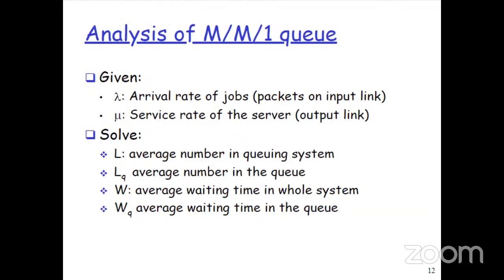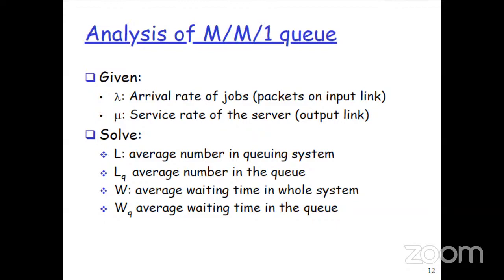So analysis, if you go to the M/M/1 queue system, given lambda, which is the arrival rate of jobs, packets on the input link. So lambda stands for arrival rate, mu stands for service rate of the server, input link and output link. Then solve.